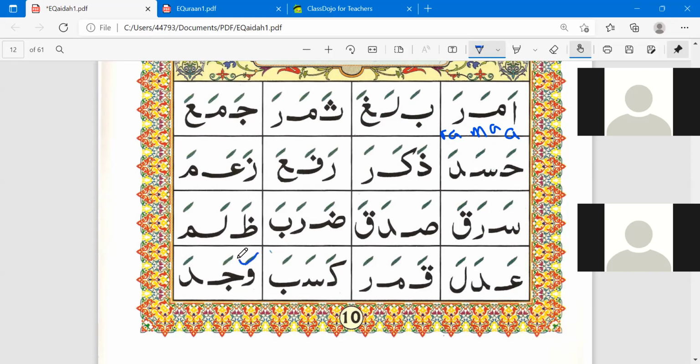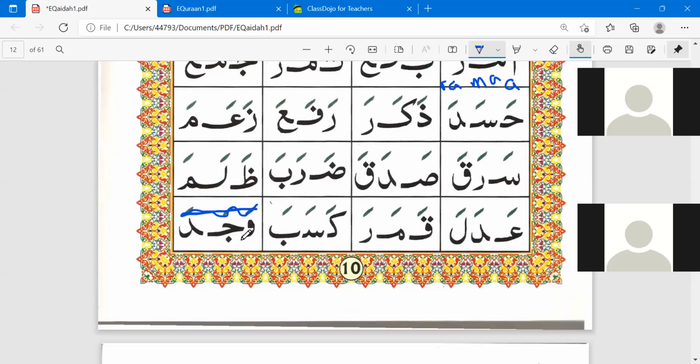If I delete this sign, I will just say w, j, d. I will write just W here, which is the sound of W. Then I will put Jim here, j, and I put d. So how can we read together? W, j. We have to blend it. But because the harakas are there, they support us to be able to read.